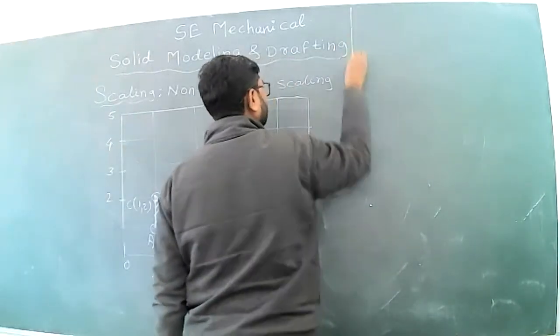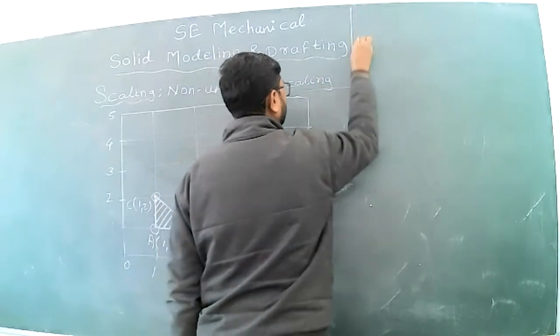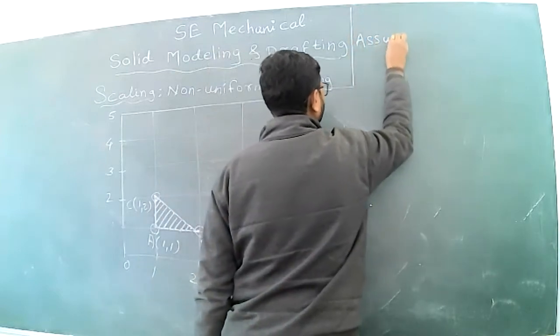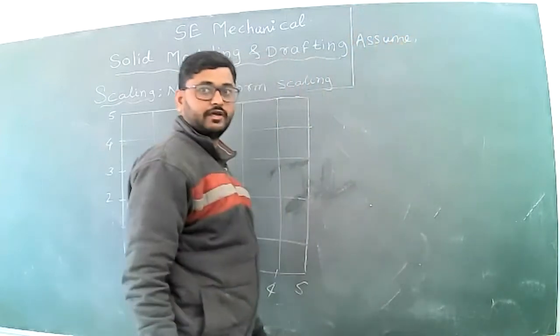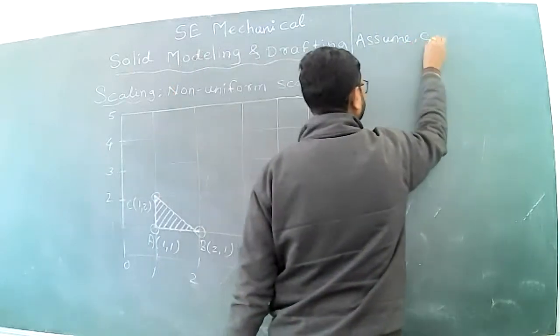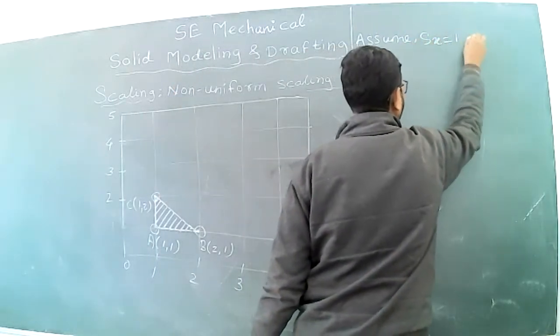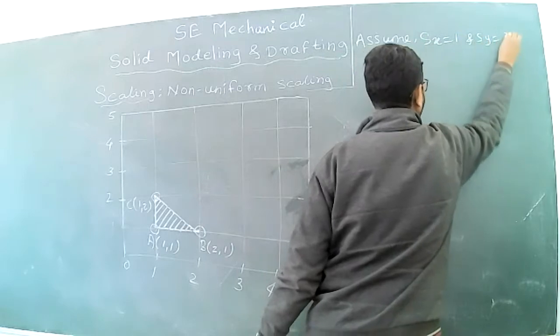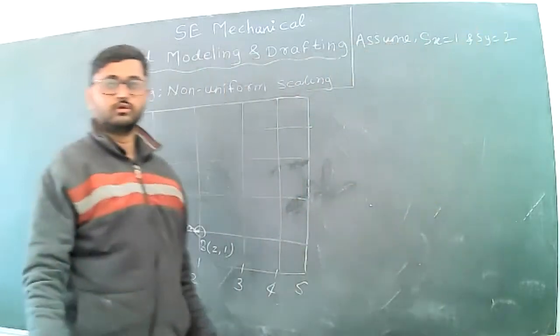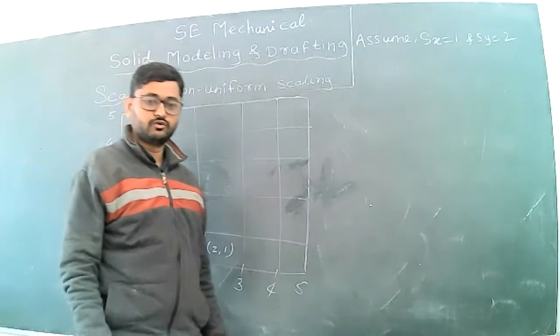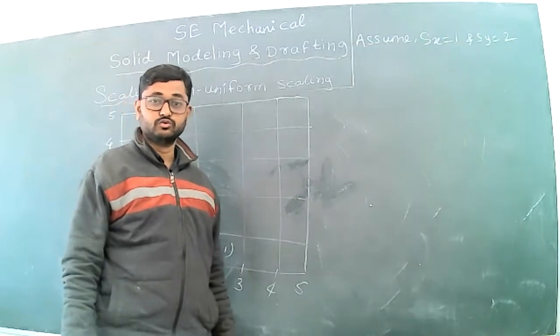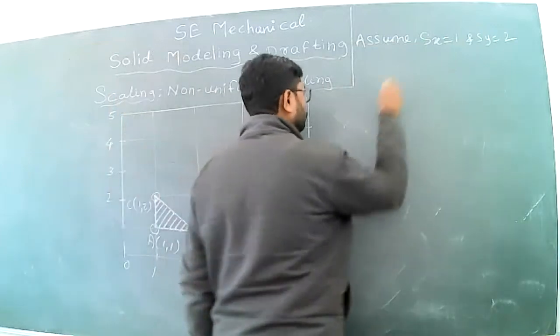So assume Sx is equal to 1 and Sy is equal to 2.